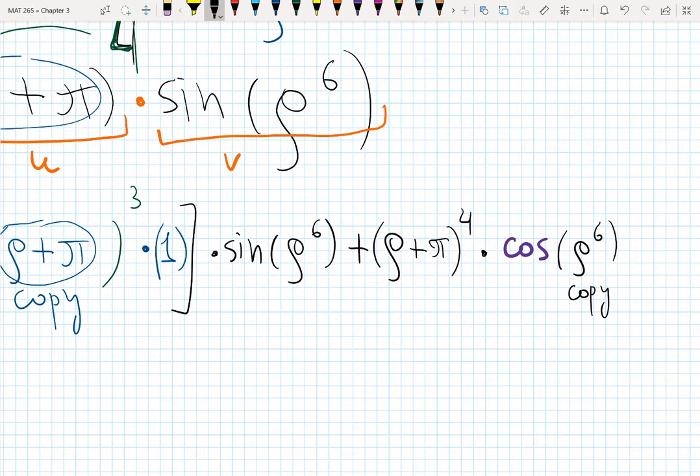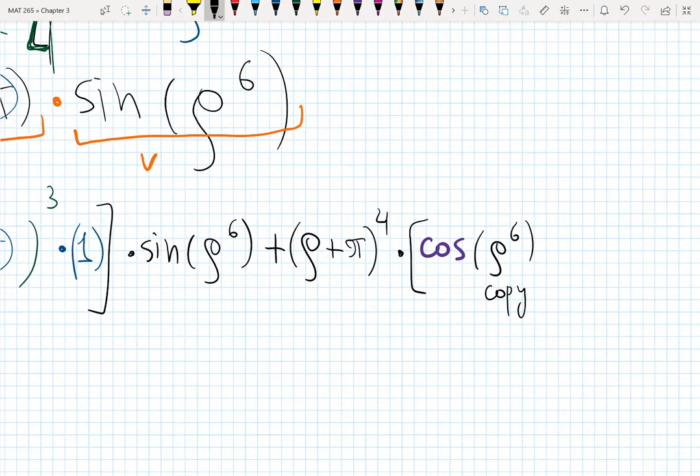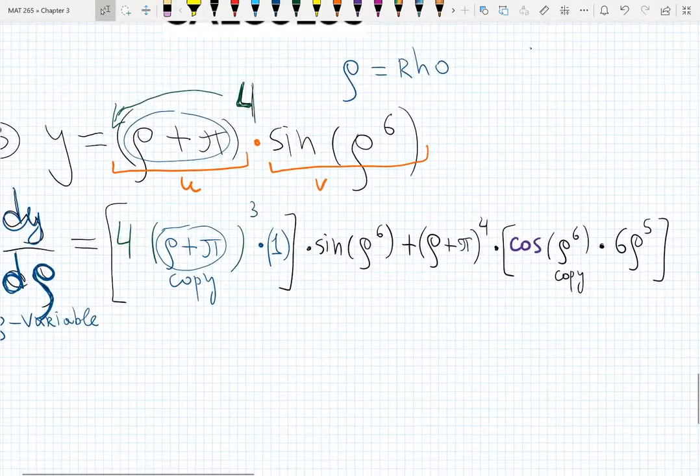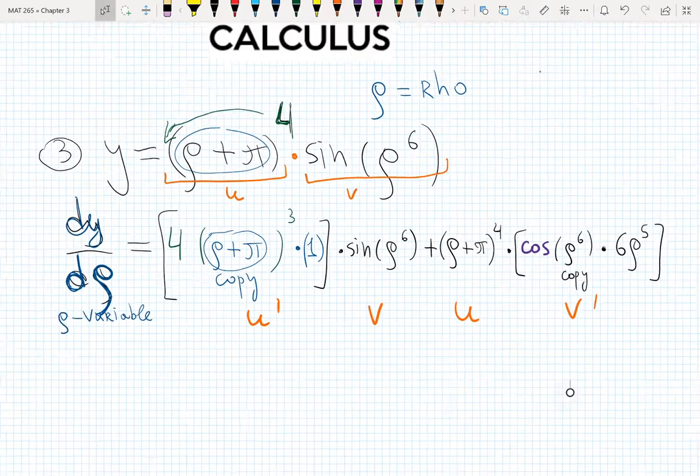At the original. And then times derivative of the inside. So I will have times derivative of rho to the 6, which is like you said, 6 rho to the 5. And that's derivative of v. Zooming out gives me u prime v plus u v prime. And that's the answer.